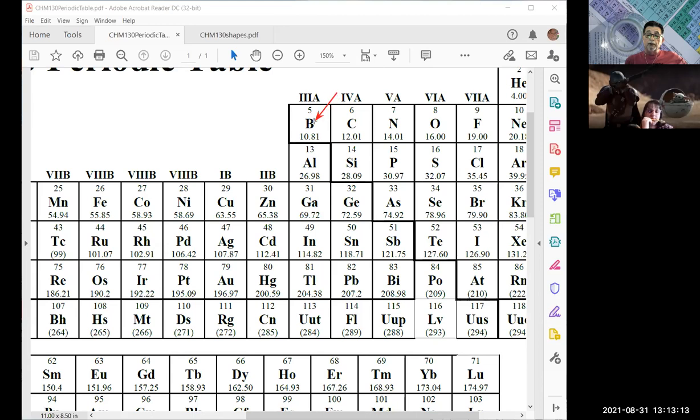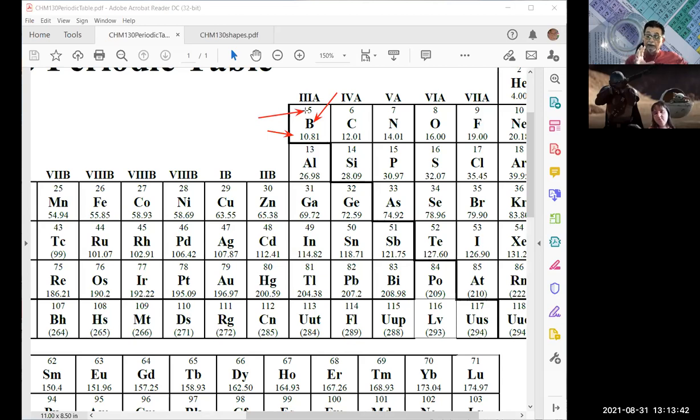B is boron right here. It has a decimal number below it, which we're going to learn about later. That is what we call the atomic weight of that element, 10.81. And then it has a number on top, a very important number, because that number represents the number of protons and the number of electrons.